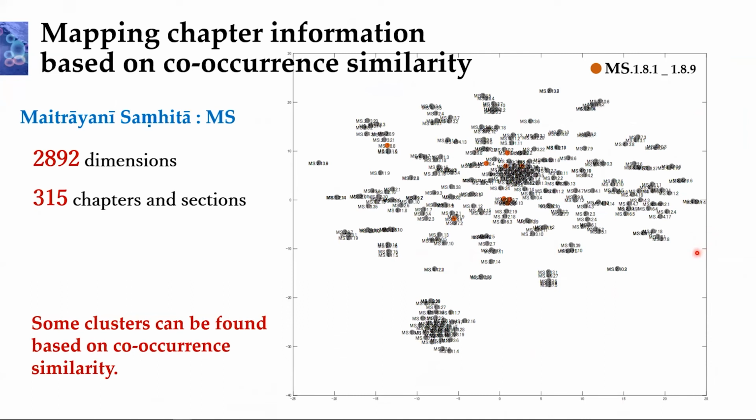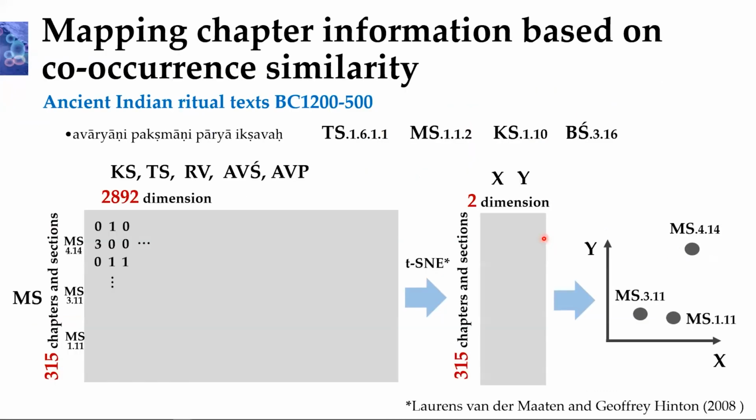To about 3,000 dimensions, those were the points or records, and 315 chapters and sections. What was the ratio? How many data points were there and how many clusters were identified out of that? Sorry, could you ask the question again? How many record points were there in the data, and how many clusters were identified out of that?